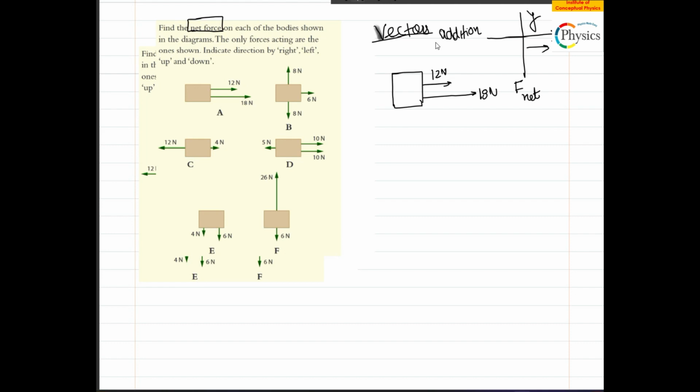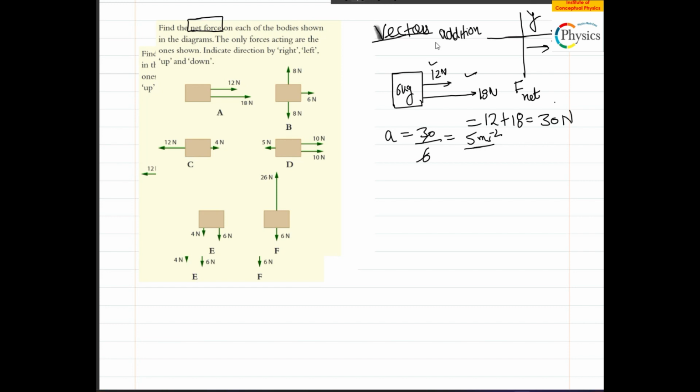Okay, since the direction is same, I can write this as 12 plus 18 is equal to 30 newtons. Okay, if the mass of the block was say 6 kgs, the acceleration of the block will be 30 divided by 6 is equal to 5 meter per second square in the direction of the force.